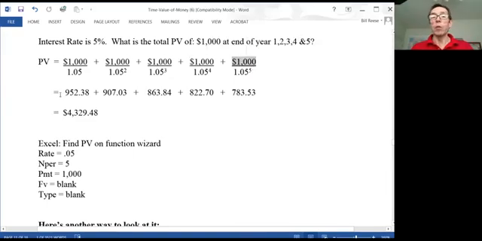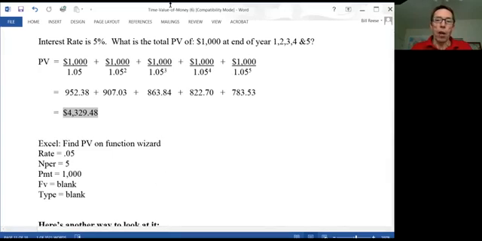So they're all at time 0. You can add them all up safely without messing up the space-time continuum. And we get the present value is $4,329.48.